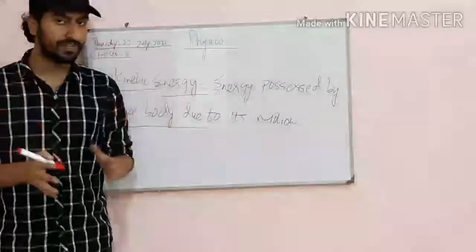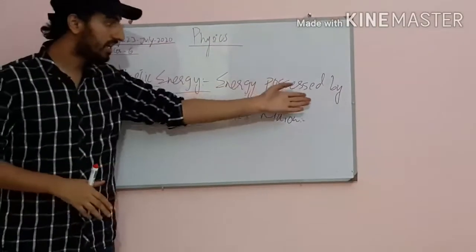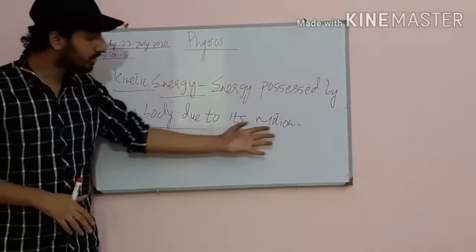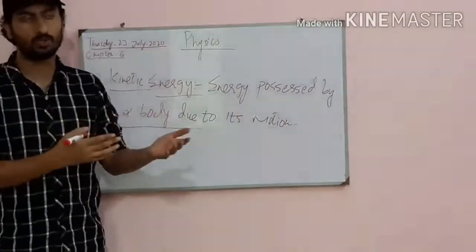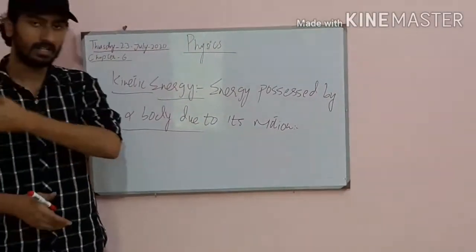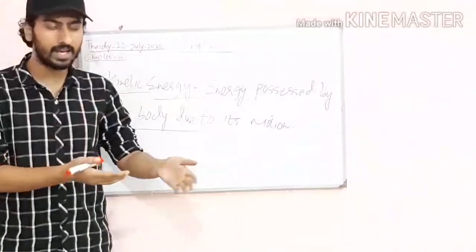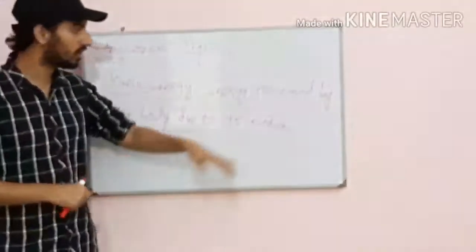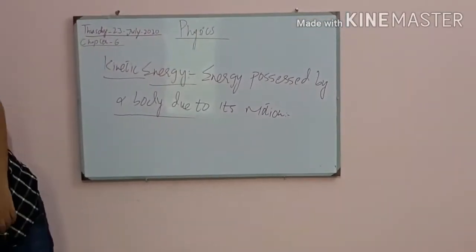Whenever a body is moving, it possesses energy, and that energy which the body possesses due to its motion is kinetic energy. For example, I have given you the example of water: floating water takes a wooden log with it, and moving air performs different functions because these all possess energy. Now I am going to give you an example from the book.